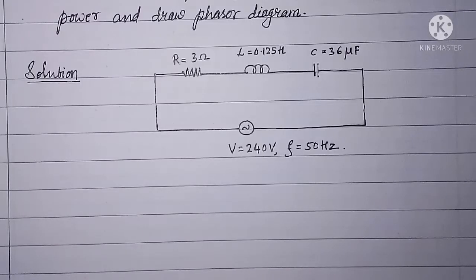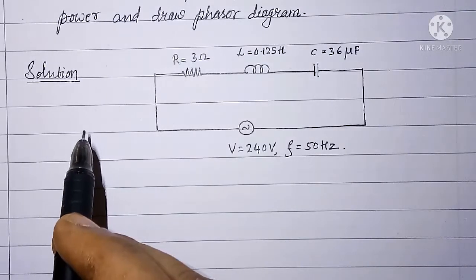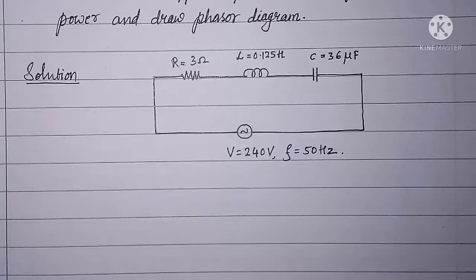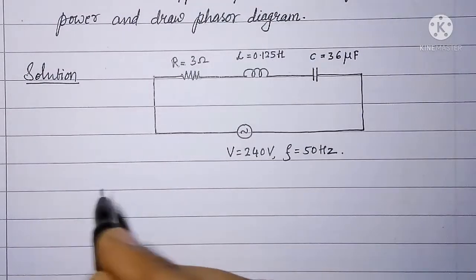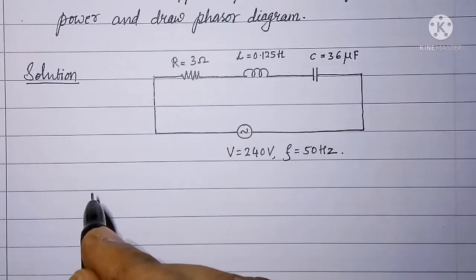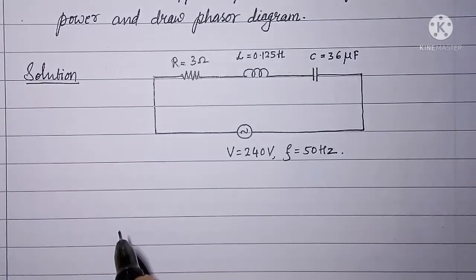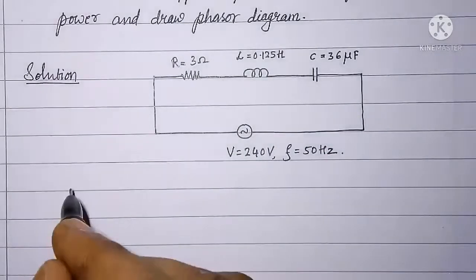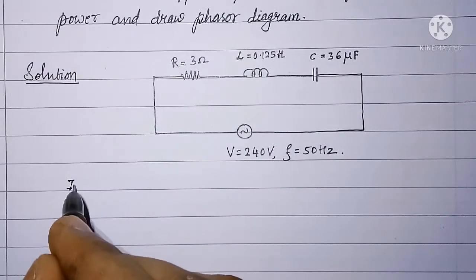To calculate the power factor, we need to calculate impedance. So first we will calculate impedance, and for calculation of impedance we need XL and XC value, that is inductive reactance.